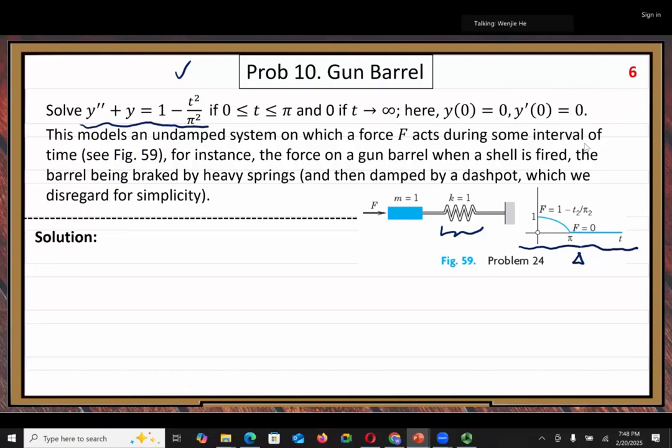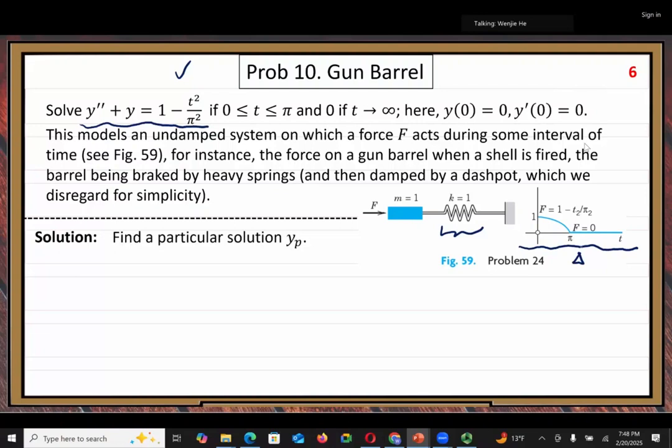The first piece is a parabola, a quadratic polynomial. The second piece is 0, a constant. So that's the driving force function. So this time you need to find a way to handle that piecewise function.